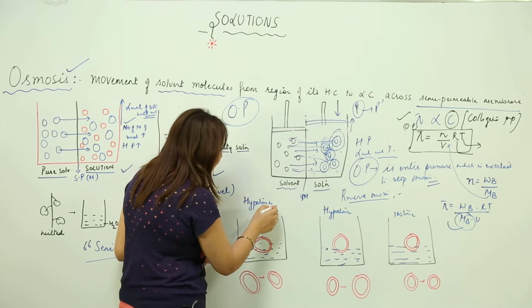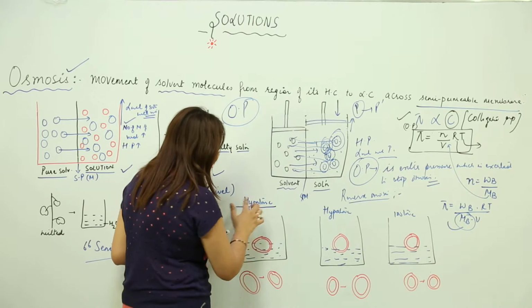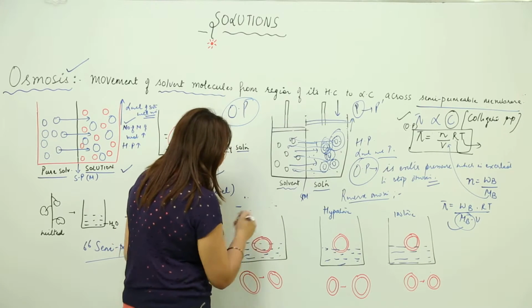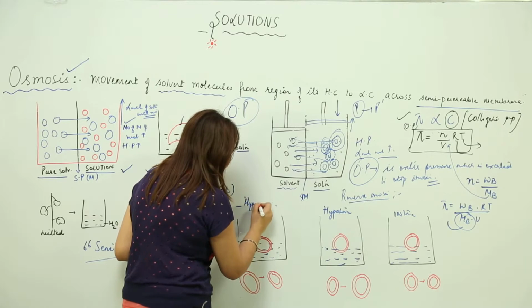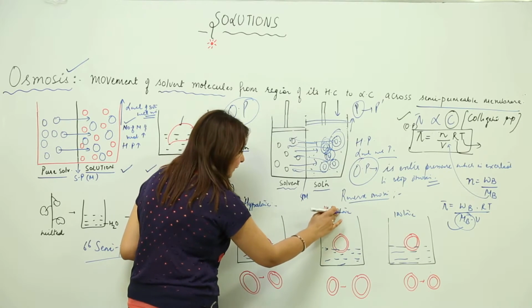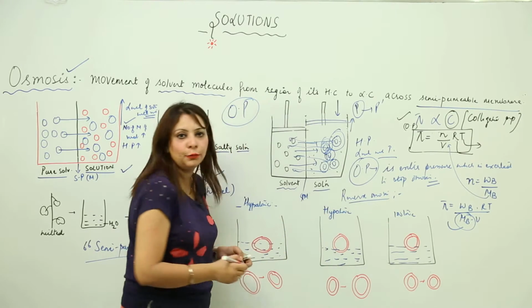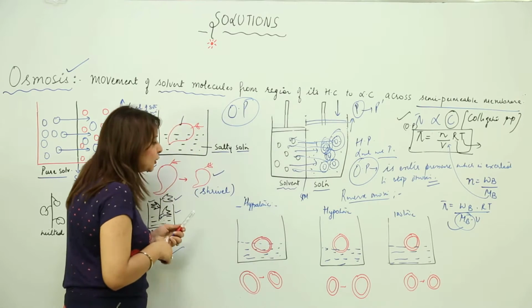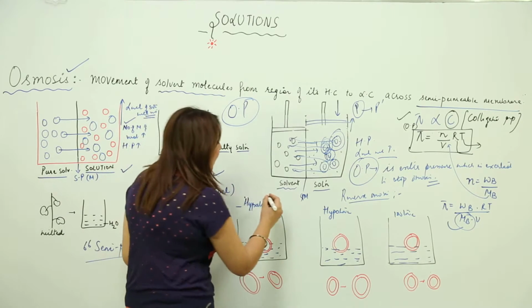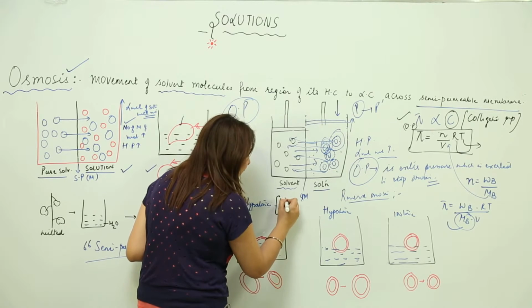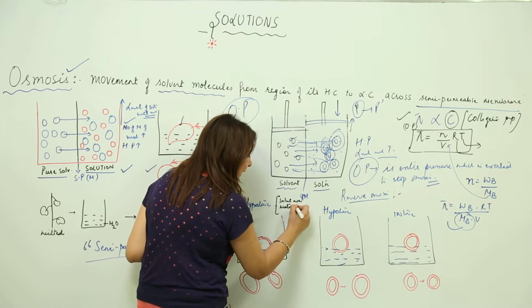So what do you get to see in hypotonic? Let us say that this is hypertonic and this is hypotonic, because I have already made the figures, so it will be convenient for me to explain. A hypertonic solution is a solution in which the solute content is more and comparatively the water or solvent content is less.